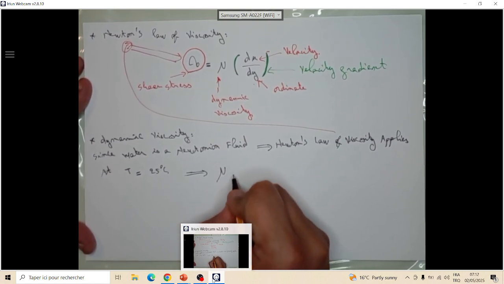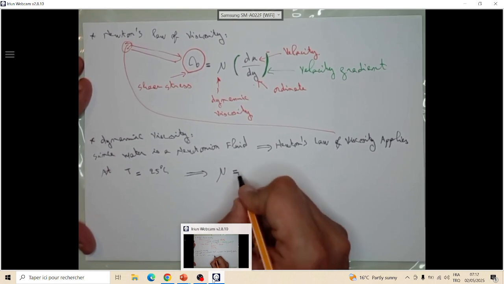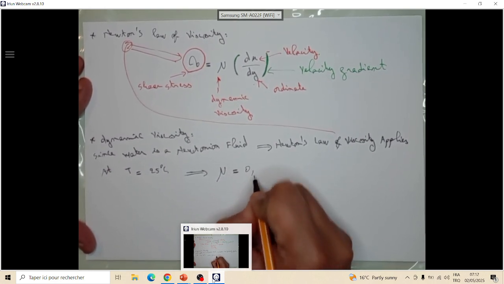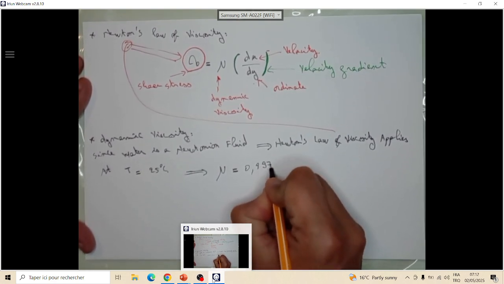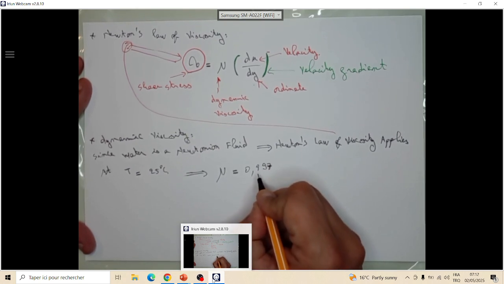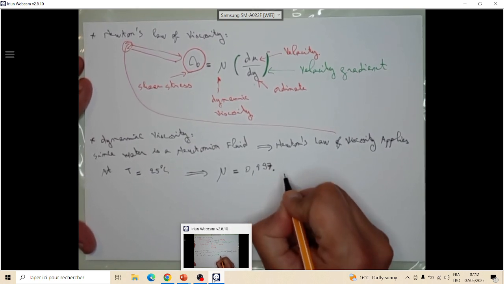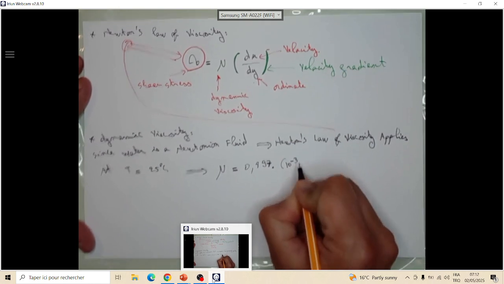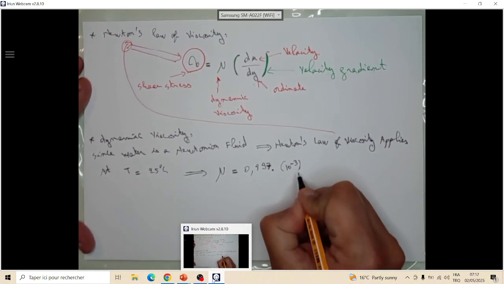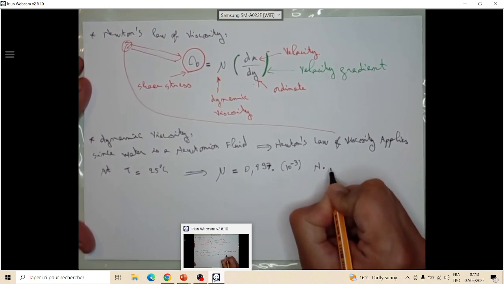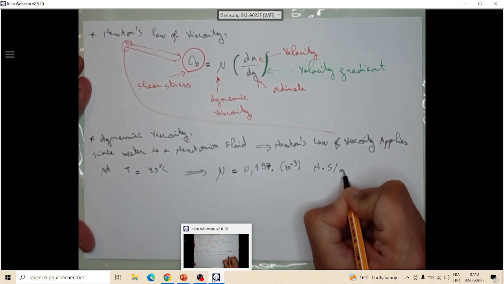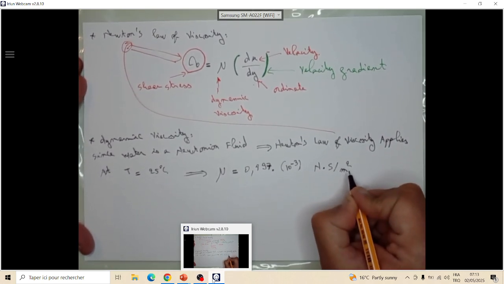Mu is equal to 0.897 times 10 to the power minus 3, and the unit here is newton times seconds divided by meter squared.